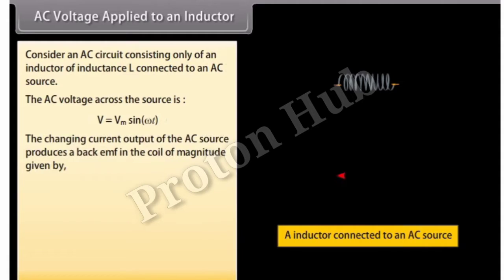The changing current output of the AC source produces a back EMF in the coil of magnitude VL equal to L di/dt. We apply Kirchhoff's rule in the loop to get V minus VL equal to 0.